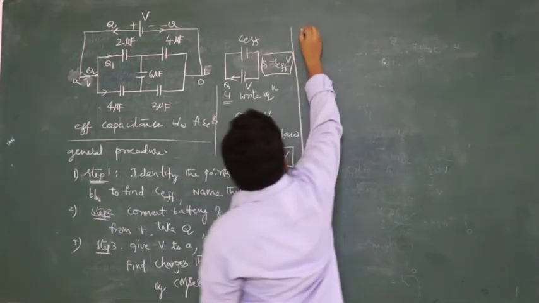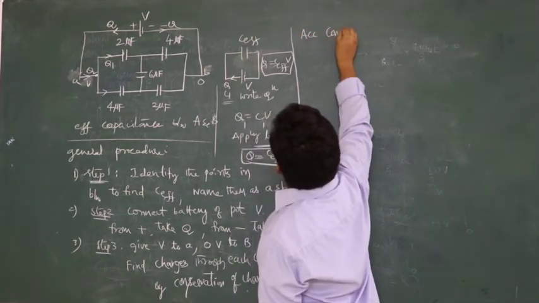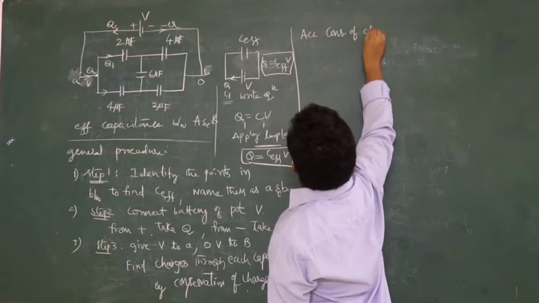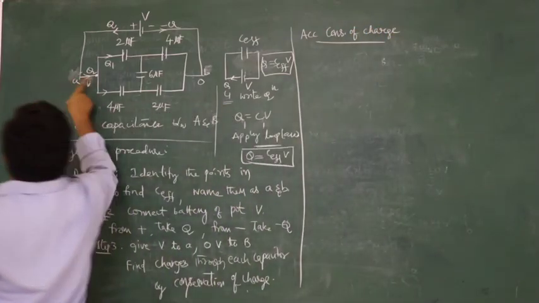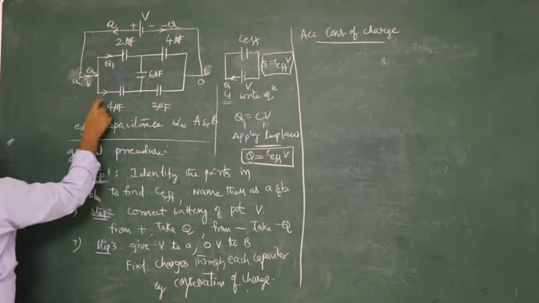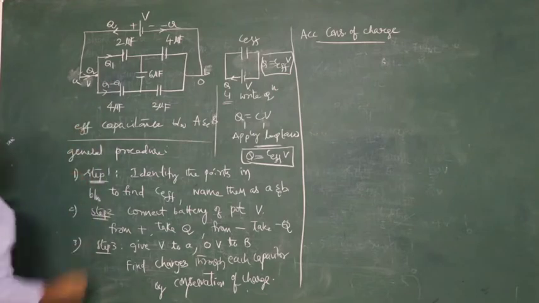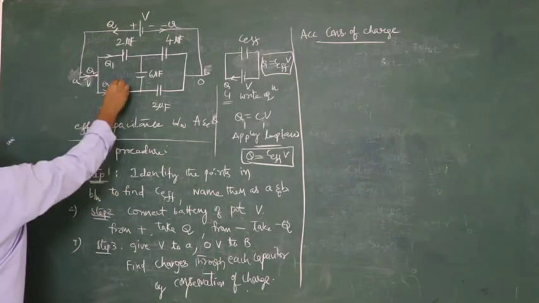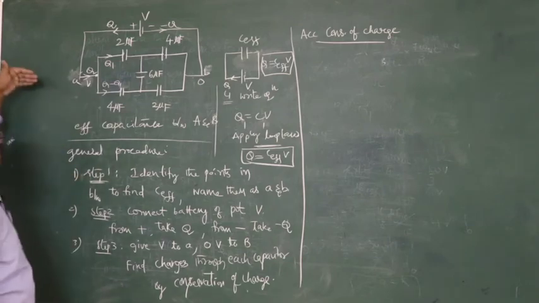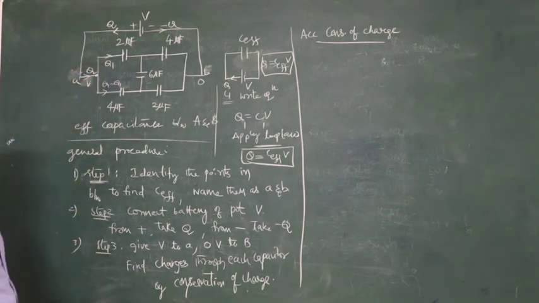According to conservation of charge, if Q is coming, this will be Q1 and the remaining will be Q minus Q1, because incoming is equal to outgoing. Okay? Right.